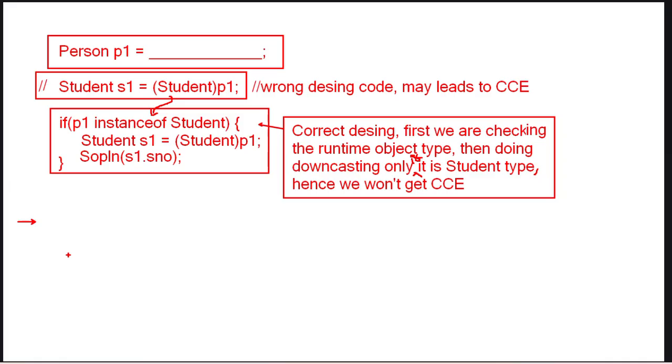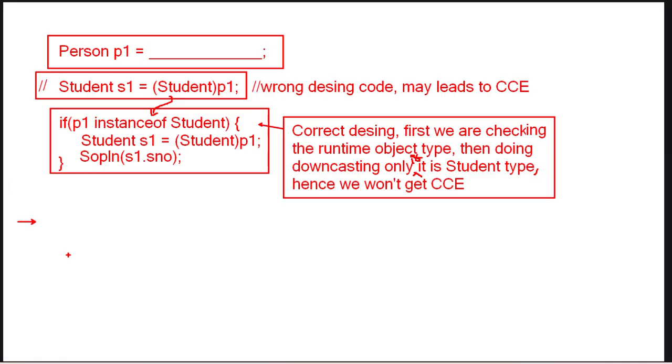Given a class type and the same type or subtype also. For example, student. A student is a student and also a person. If I am using P1 instanceof person, what are the possible objects from P1? Either person or its subtype. If I write student, the coming object from P1 can be student or its subtype. Anyone can be there.